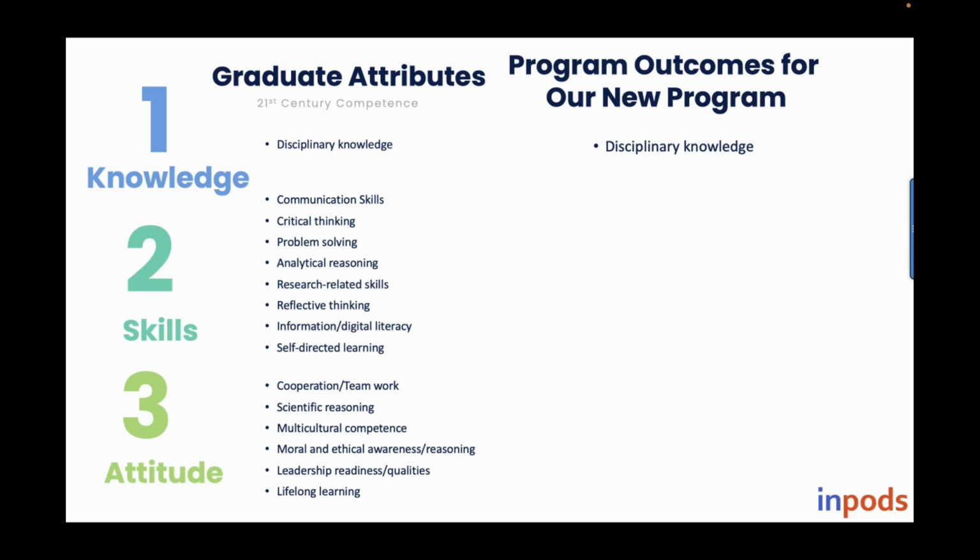Now, the graduate attributes which are defined for performing arts, medical graduates, engineering and academic programs, professional or academic programs, management programs, and so on, are primarily standard taxonomies. They give you a quick start.